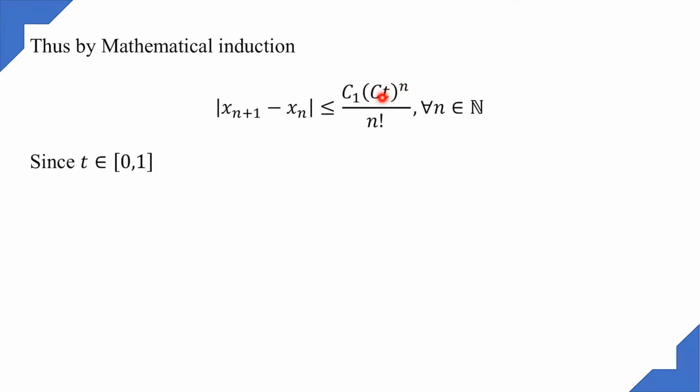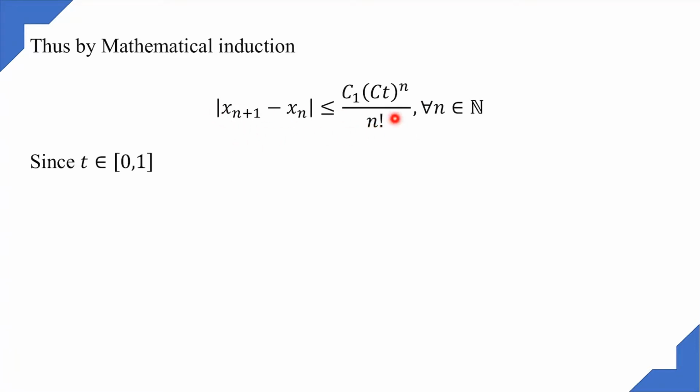If t is less than 1, then we know that t power n converges to 0 as n tends to infinity. And suppose if t is equal to 1, so the numerator is independent of n, and 1 by n factorial converges to 0 as n goes to infinity.